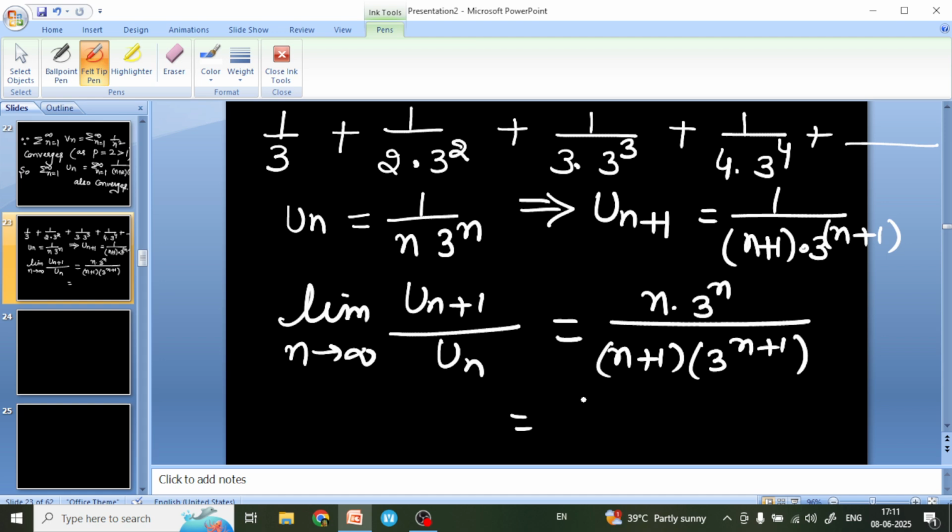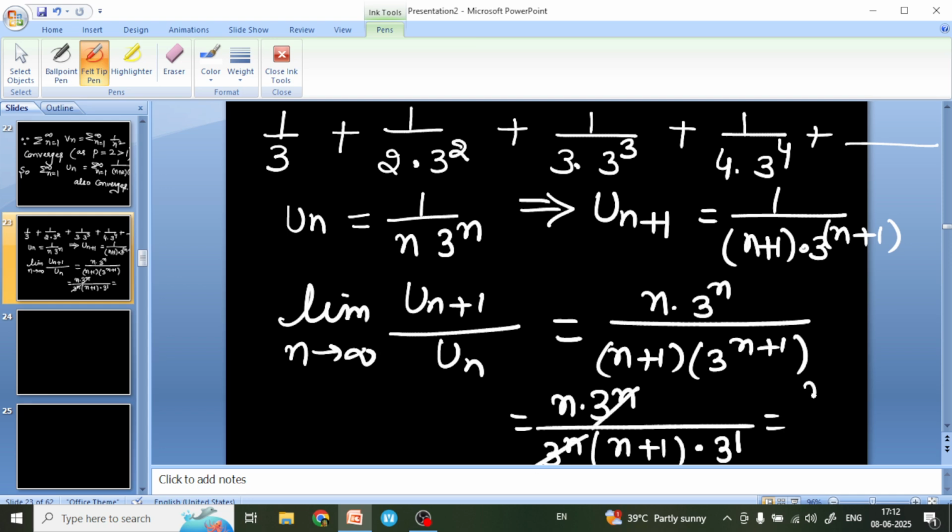Now taking 3 raised to power n common from the denominator, you will find here n plus 1 and into 3 raised to power 1.